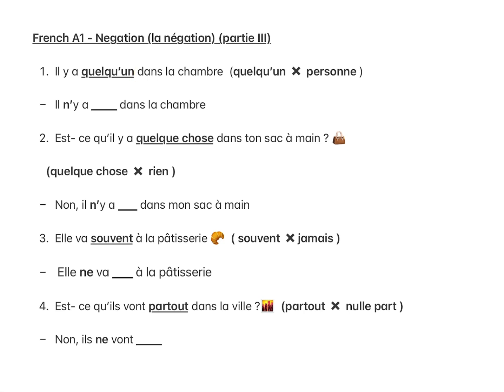In English, if one had to negate this sentence, the answer would be, there is no one in the bedroom. Well, that exists in French as well. So, the opposite of quelqu'un is personne, which means no one.